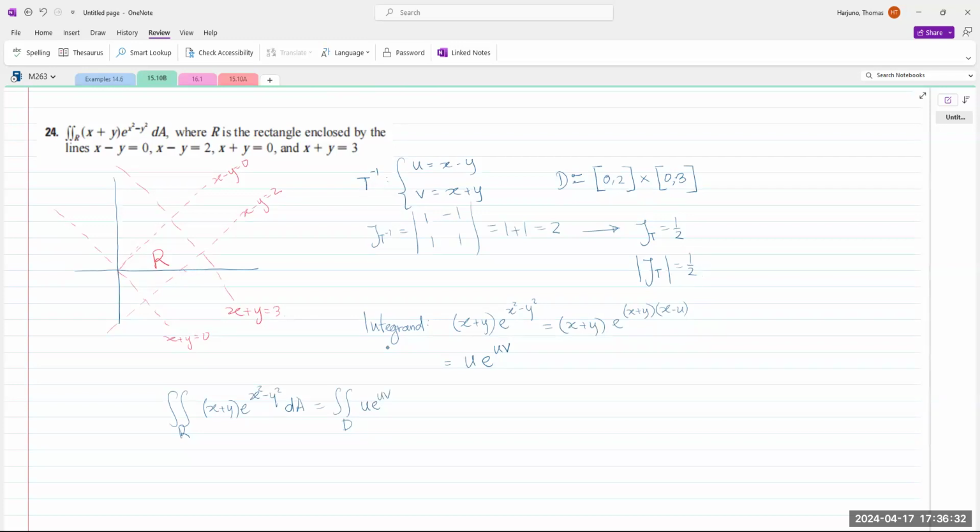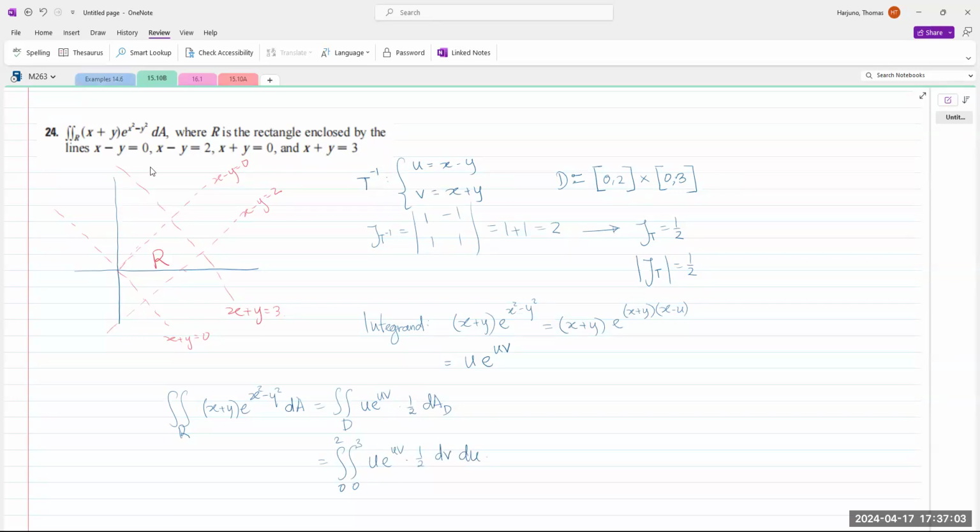I think we will integrate with respect to what first? With respect to phi first, huh? Oh, don't forget the Jacobian first. That's more important. 1/2, and then this is dA in D. This is the integral from 0 to 2, 0 to 3, u e to the u phi times 1/2 d phi du.